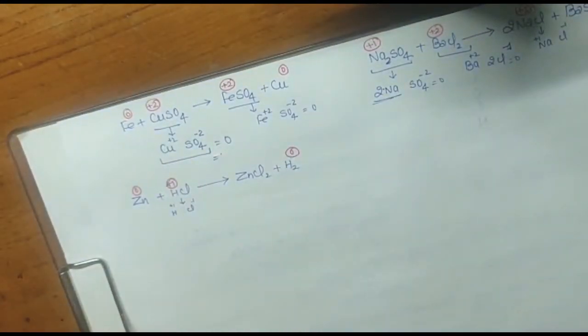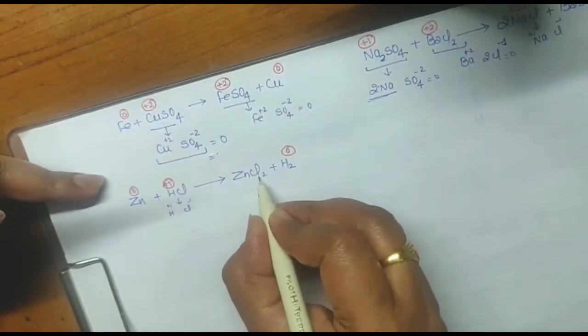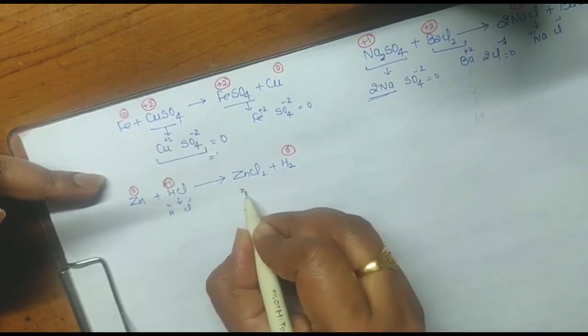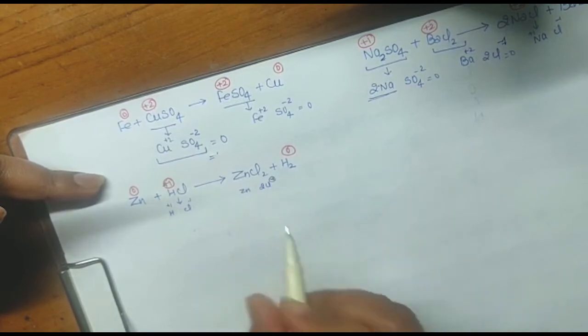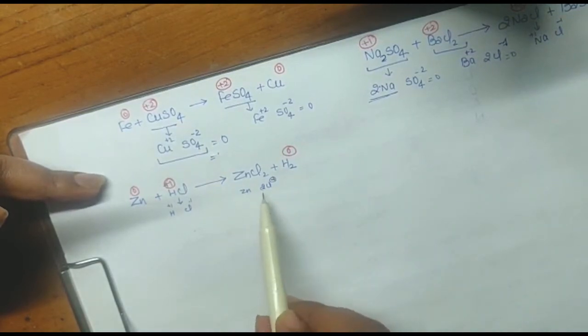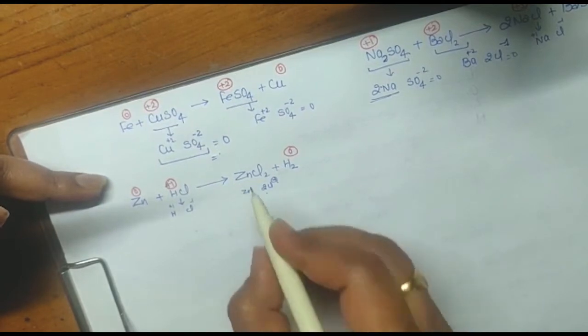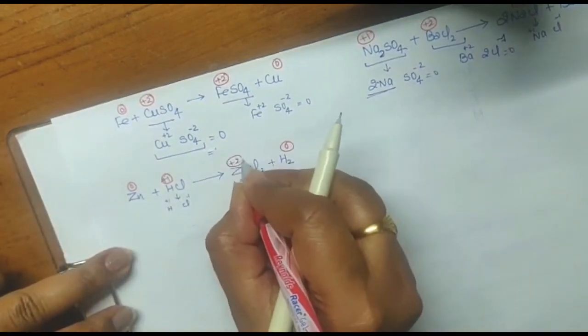Clear? Now in this case, this is Cl, so Cl is having -1, with Zn and 2 Cl. One Cl is having -1, so 2 Cl will have -2. To make it 0, this Zn should have +2.